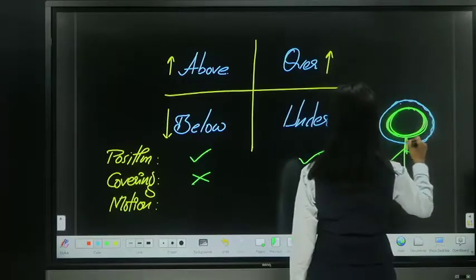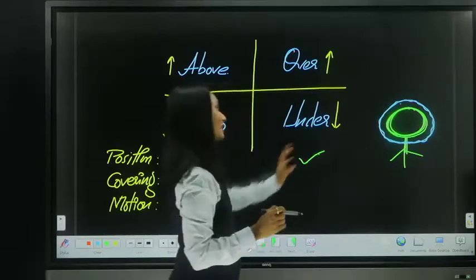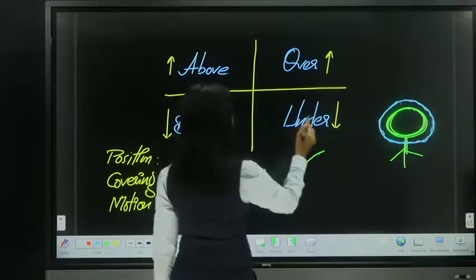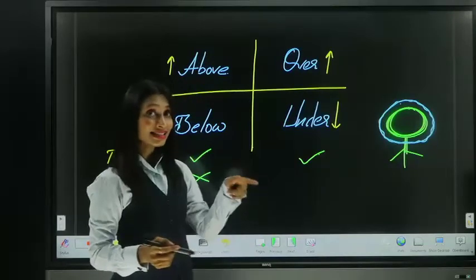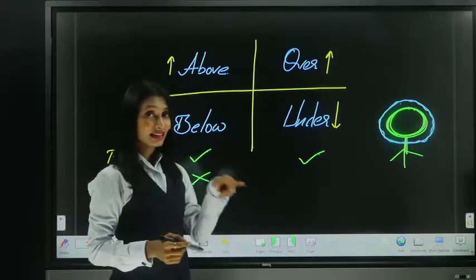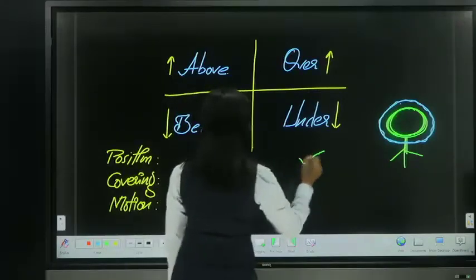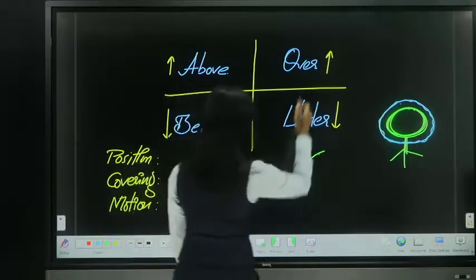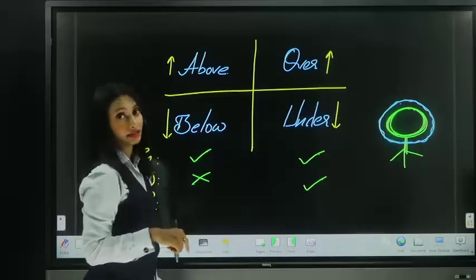We covered the table with a cloth. Here we indicate covering. Under: the cat is under the chair. That means the chair is covering the cat. Here both over and under denote covering.